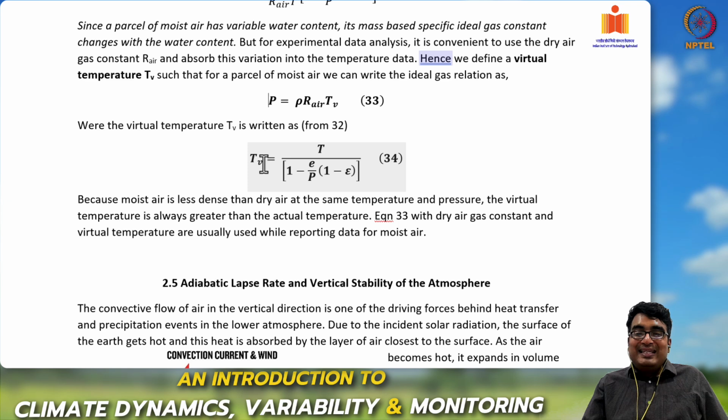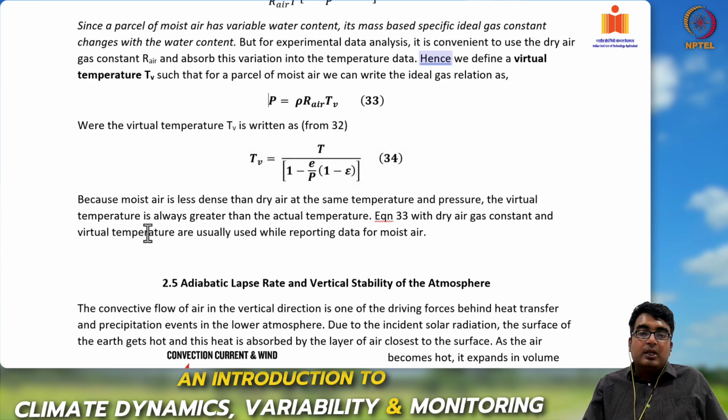So here this TV will change as E, the vapor pressure of water vapor, changes with temperature within the air parcel. Even though the temperature may remain the same, as your vapor pressure increases, this term decreases and you get the virtual temperature greater than the actual temperature.